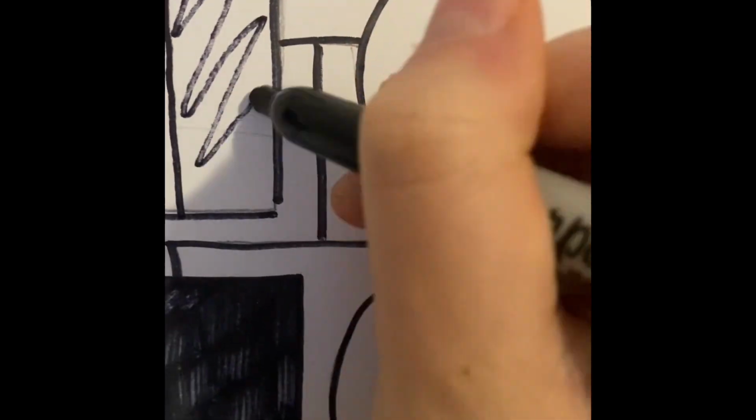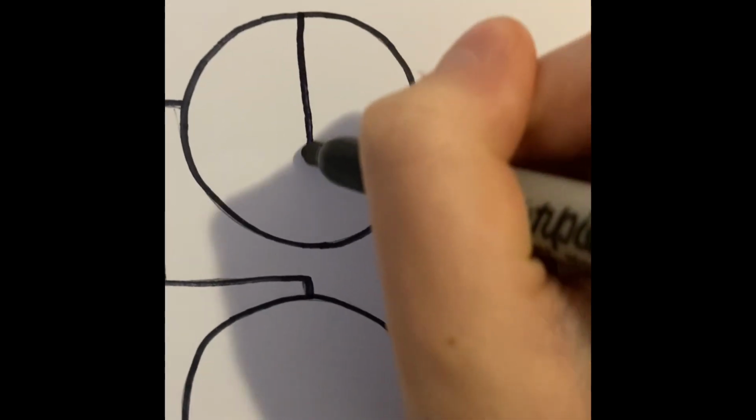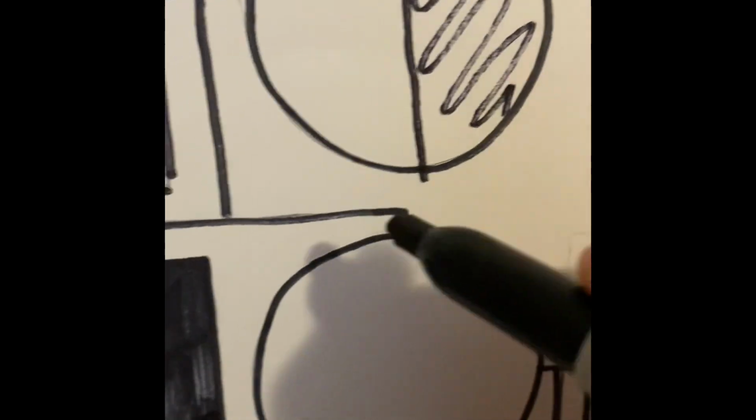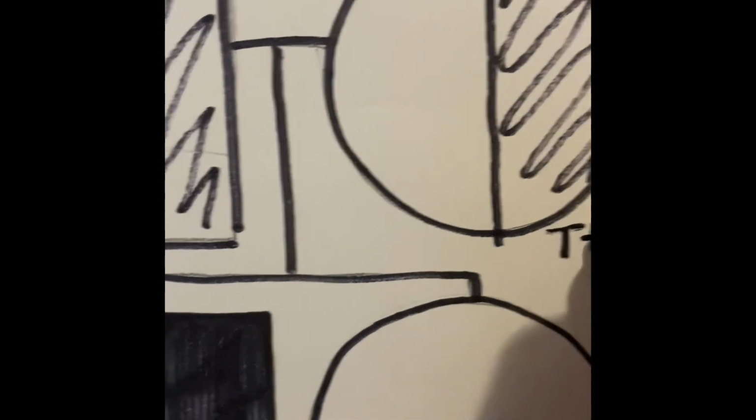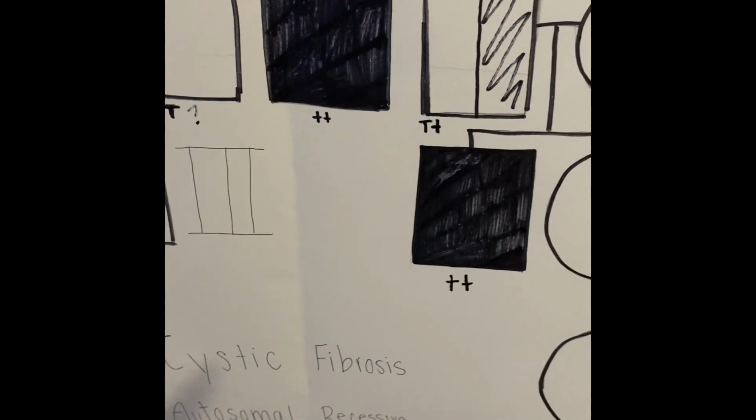So I'm just gonna draw the line, shade. I'll do a better shading job later, but just a little rough shade so we can visually see. And we shade. And so we know their genotype has to be big T, little t, and big T, little t. Both carriers here.